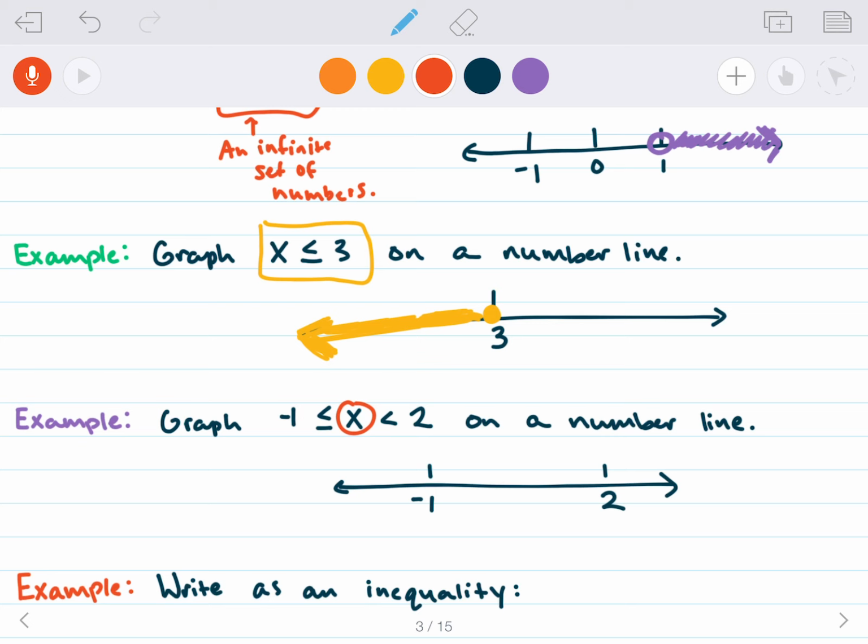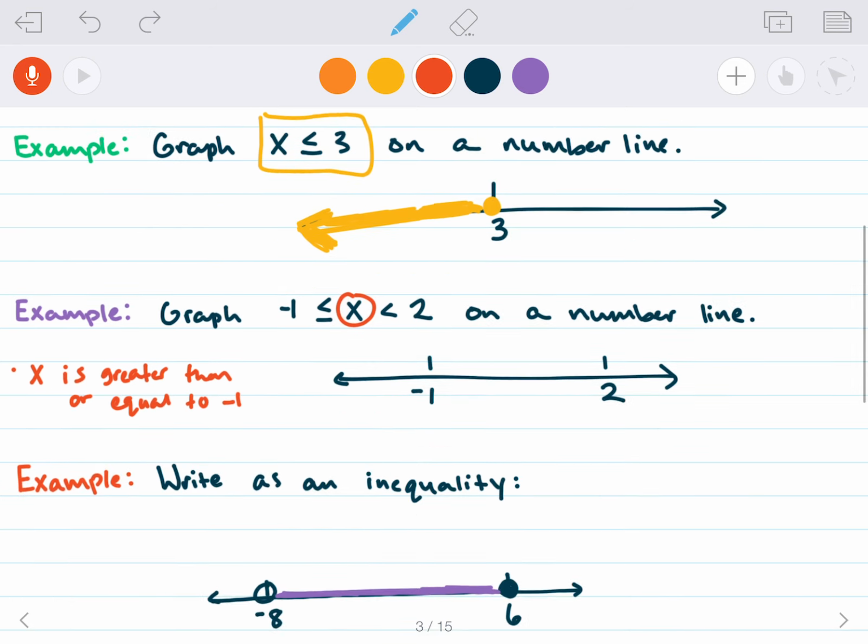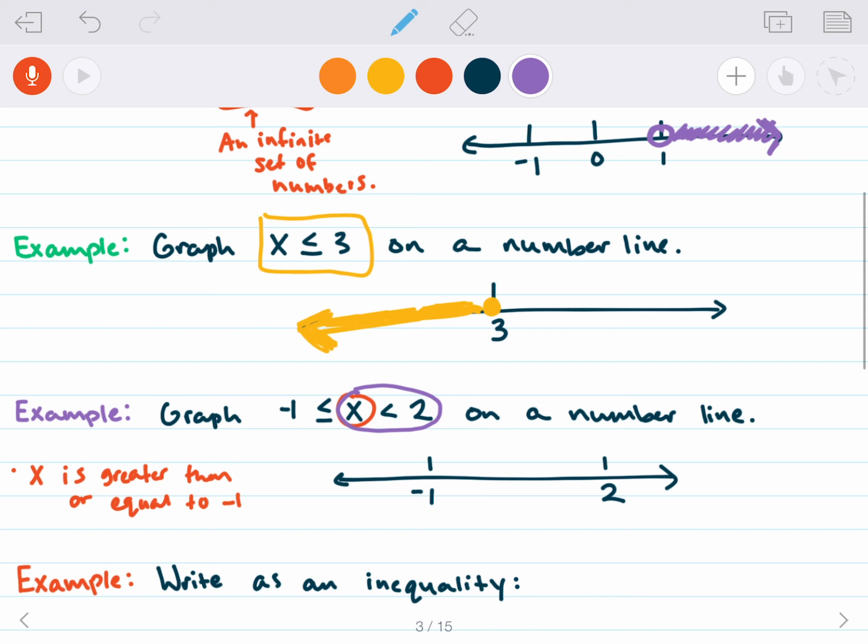And it says, if we read from right to left, this says x is greater than or equal to negative 1, right? If we read starting at the middle and going to the left, x is greater than or equal to negative 1. But then if we read starting at the middle from left to right, this is x is less than 2.